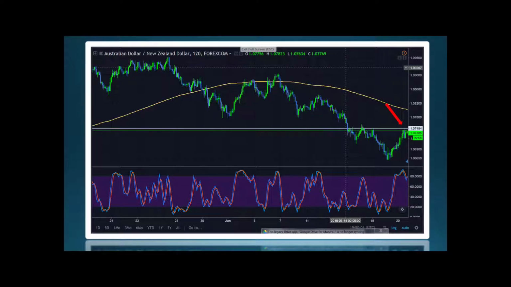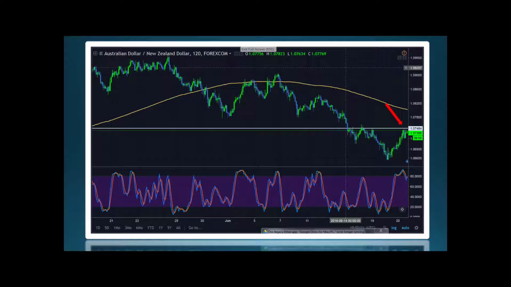So the last trade, this is what I was looking at the time I took the trade. Stochastic was just teetering in the oversold territory. I identified this as a sell, as it was below the SMA, so anything below the SMA is a sell. We'll be looking for a sell or a short.